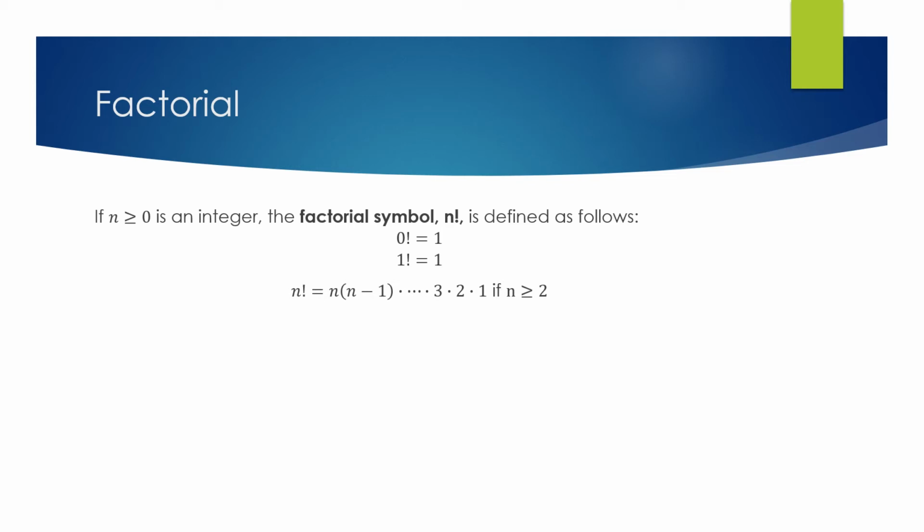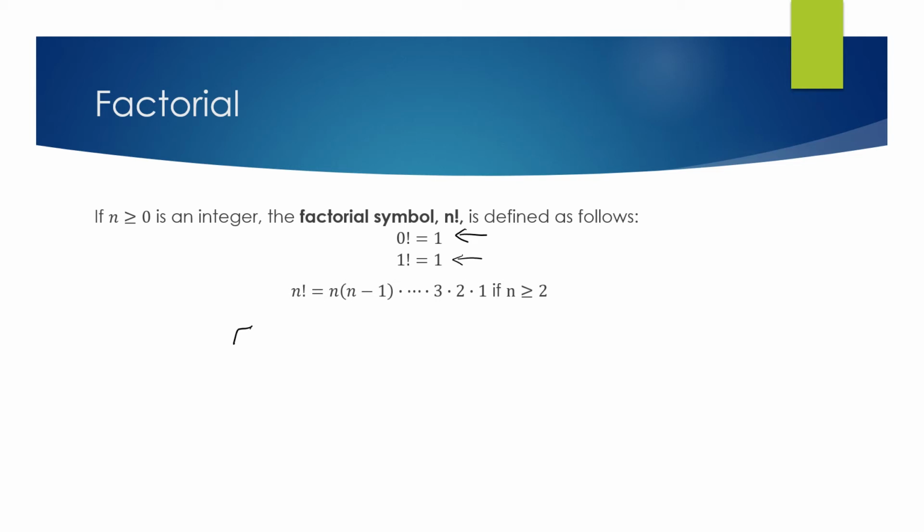So if n is equal to 0, then 0 factorial is always equal to 1. 1 factorial is also always equal to 1.